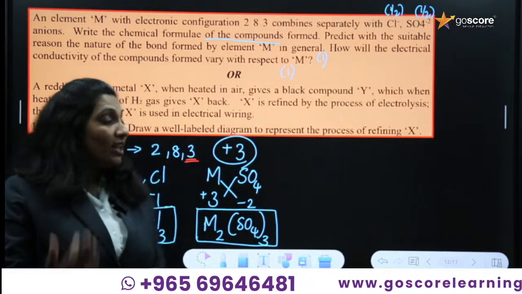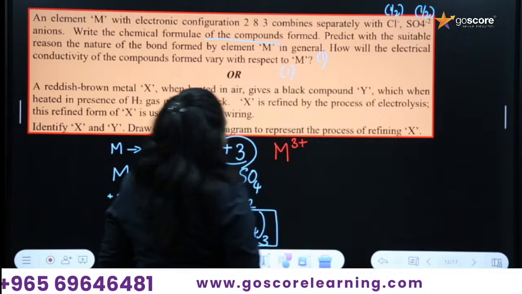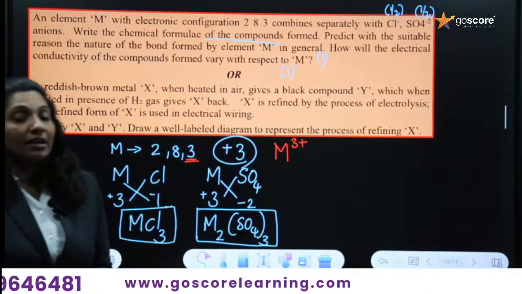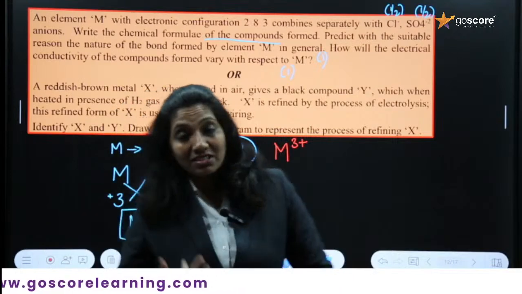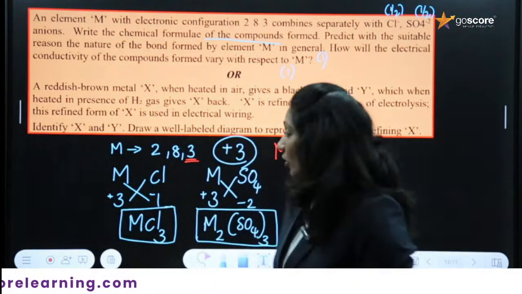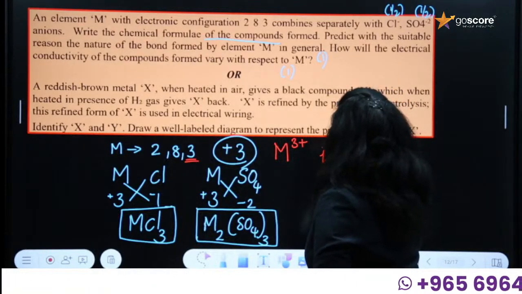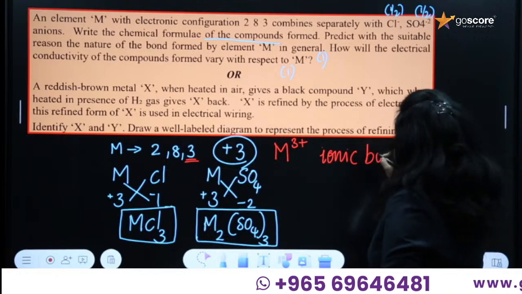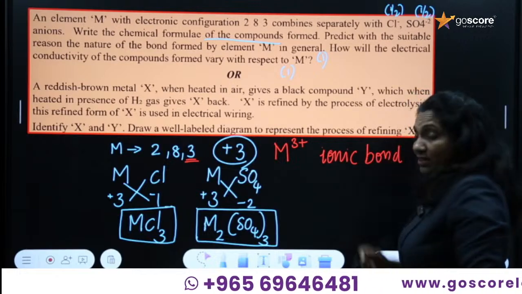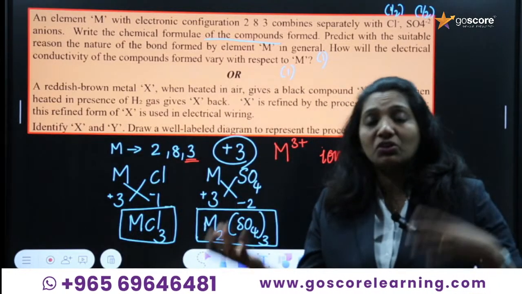So it will form a cation, M3+ ion, by losing the 3 electrons. So it has the tendency to combine with an anion, and the type of bond formed between the metal and the combining element will always be what? Ionic bond. That is the bond between the oppositely charged ions, that is the cation and the anion.